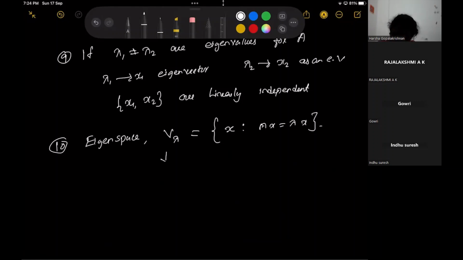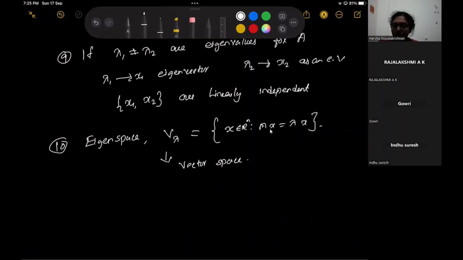This is actually a vector space. It is a subspace of Rn, since A is an n by n matrix. So V lambda consists of the set of all x in Rn such that Ax equals lambda x. Here we can say this consists of all the eigenvectors, since if x is non-zero, then we say it is an eigenvector.